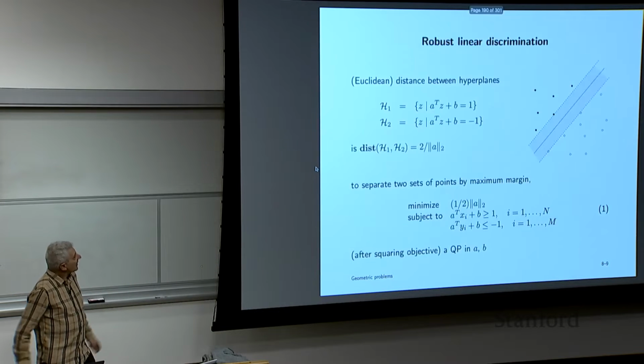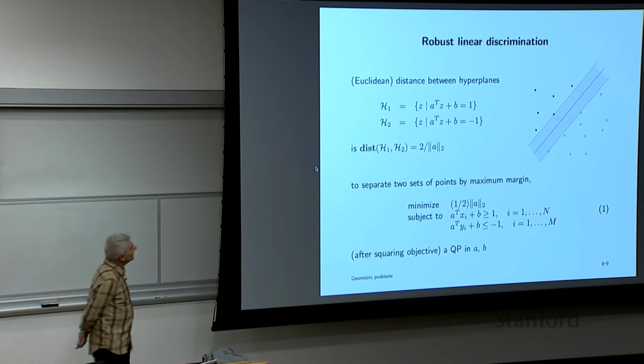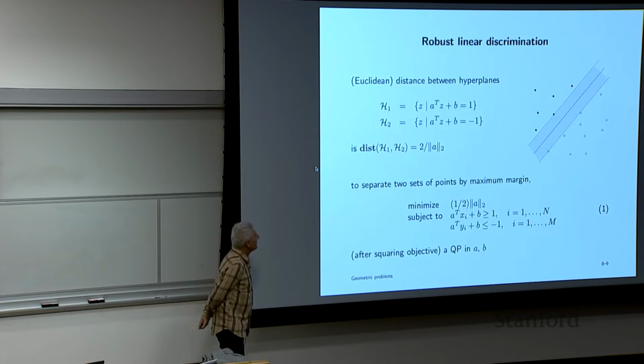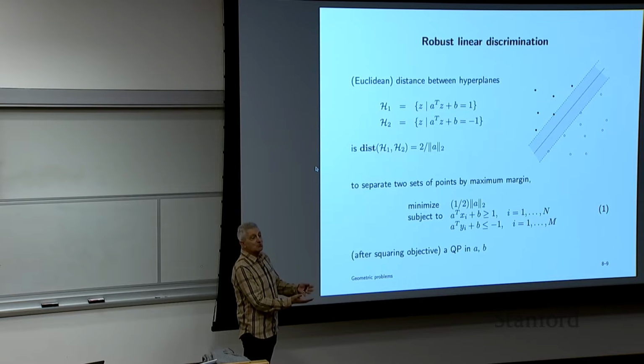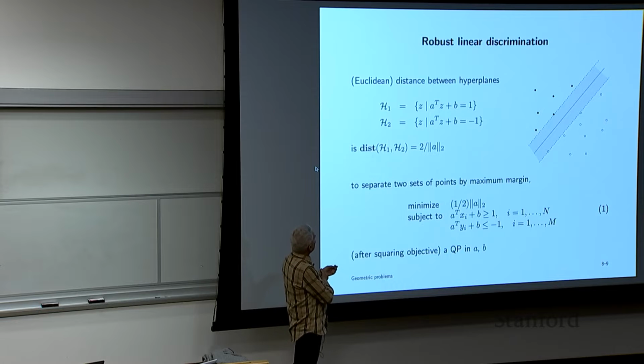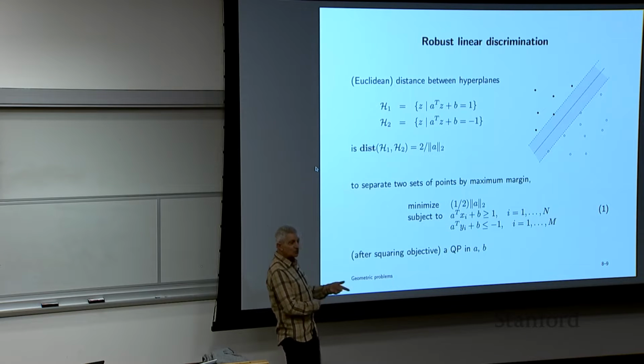Okay. Well, we could do more. You can actually say, well, now that I know that there is one, I might want to pick one of these separating hyperplanes, right? And one way you might do it is something like this. If I have two hyperplanes like this, and they're normalized with a 1 on the right-hand side, or minus 1, the distance between them is 2 divided by the 2 norm of A, right?